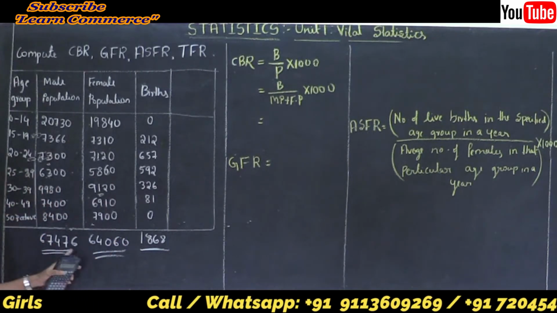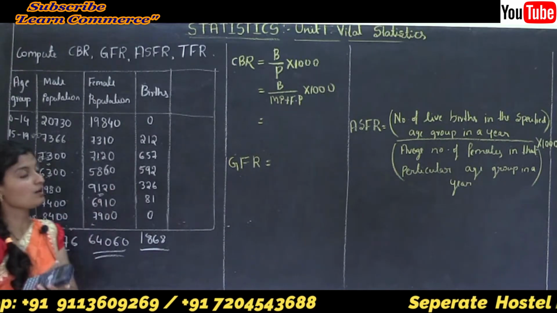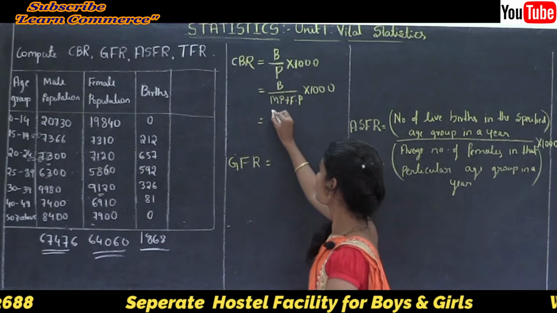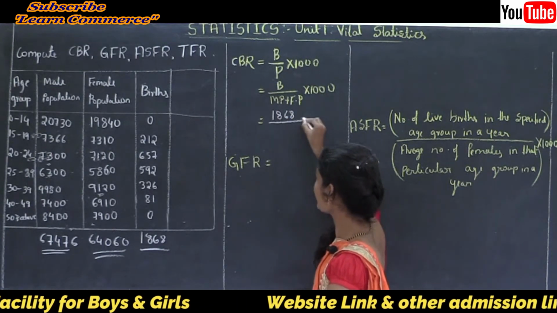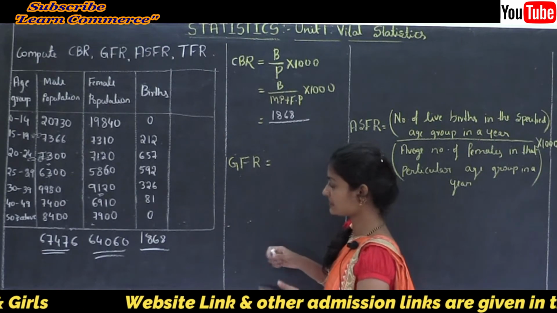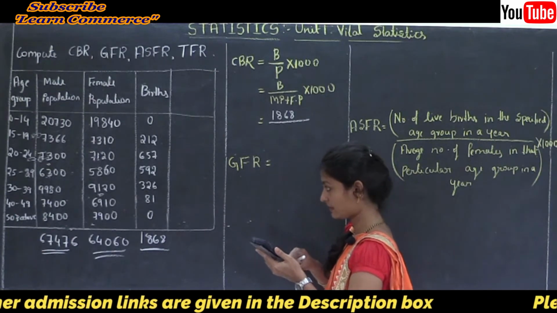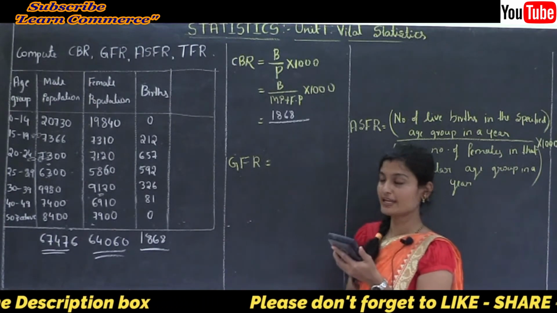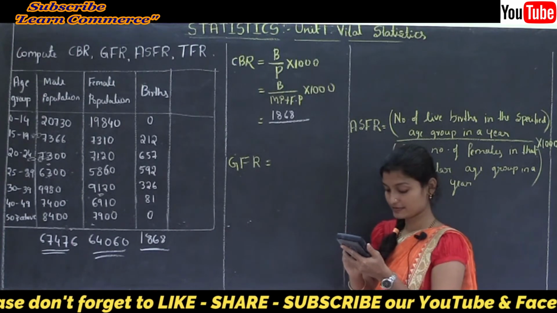Now I will substitute these values in the formula. Here births are 1,868 divided by male population 67,476 plus female population 64,060.